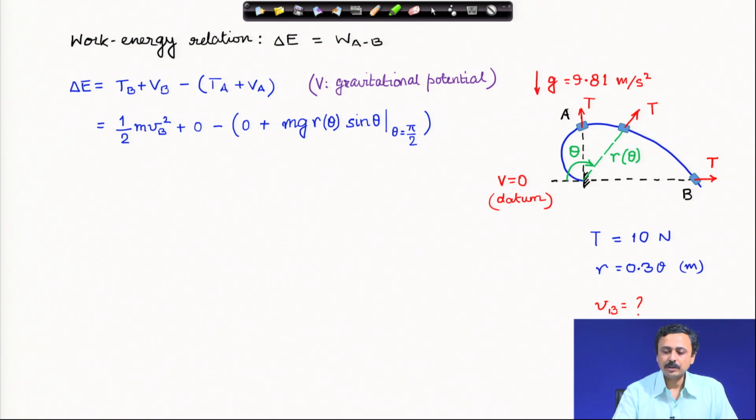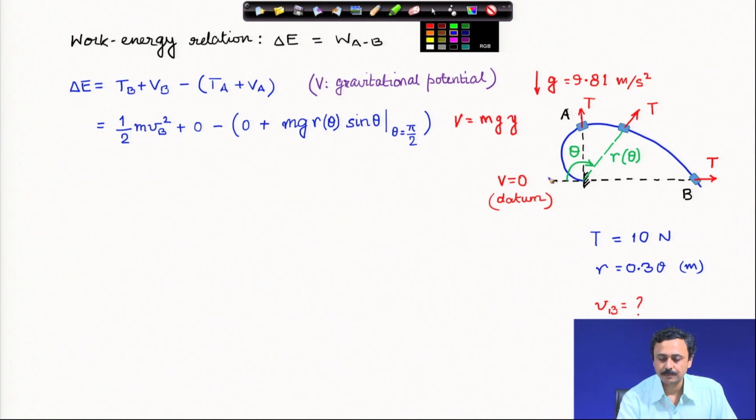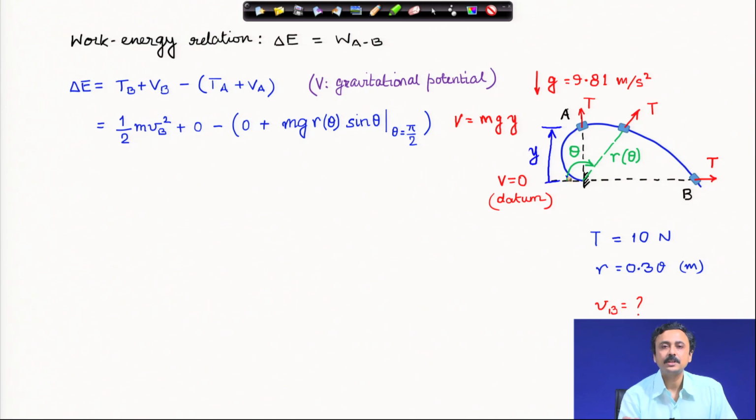Now, how to calculate the potential energy at A? We know that the gravitational potential energy V is nothing but m g y, and y is being measured from the datum. This is the datum where potential is 0, and from there we start measuring the vertical displacement y.